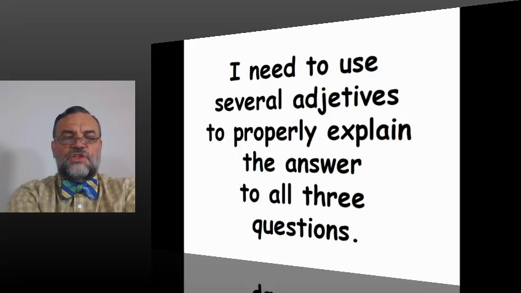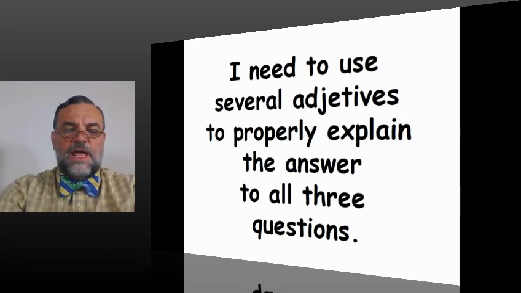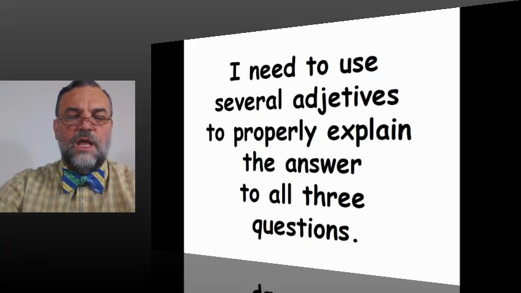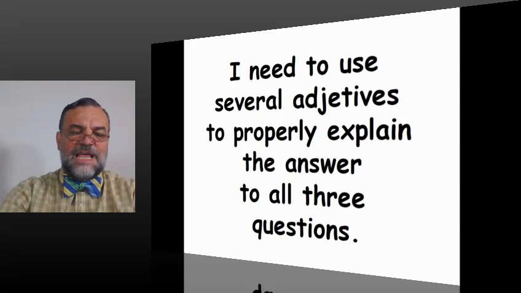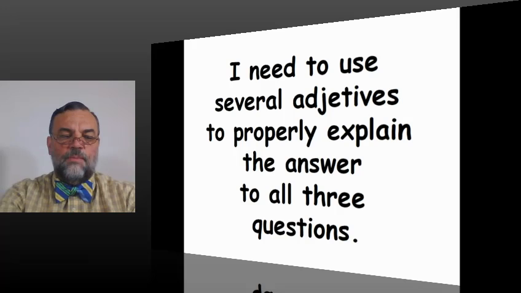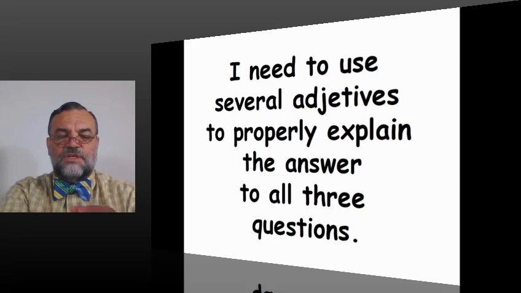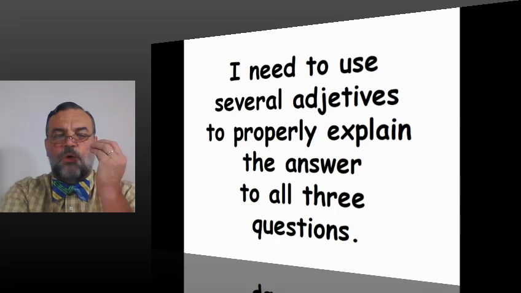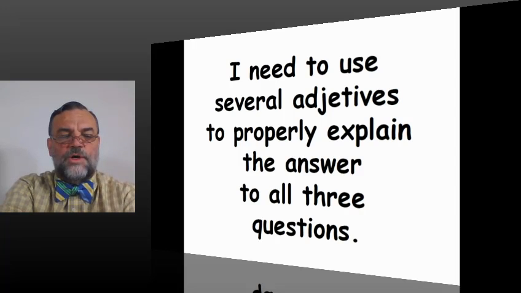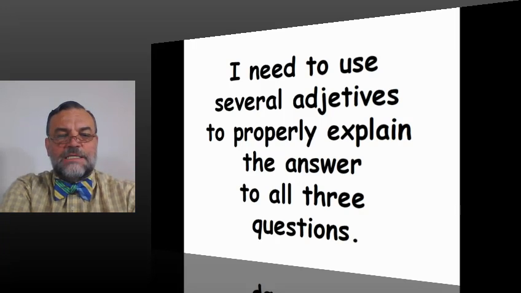I need to use several adjectives to properly explain the answer to all three questions. All three questions have the same answer, the same explanation. The reason I use different adjectives is sometimes we get hung up and we think it's just a word and we think we're going to argue a word. It's not a word, it's a concept.